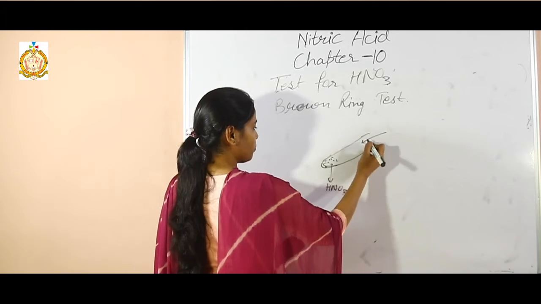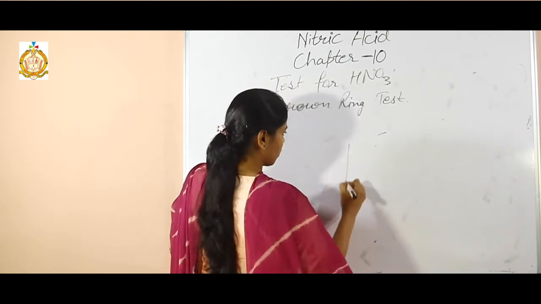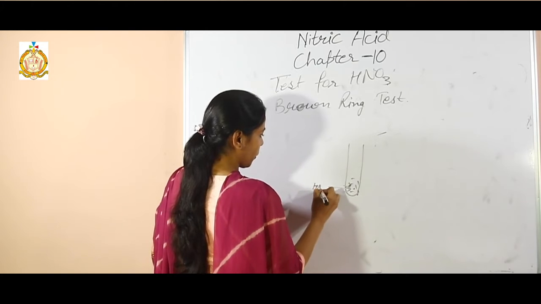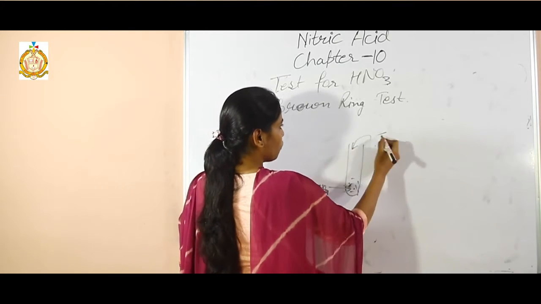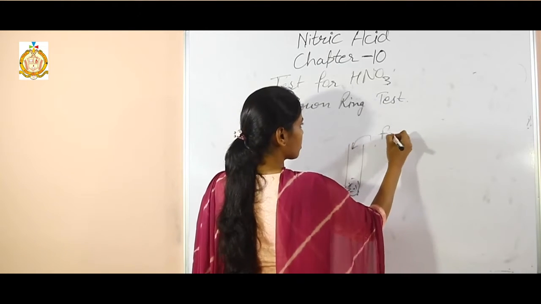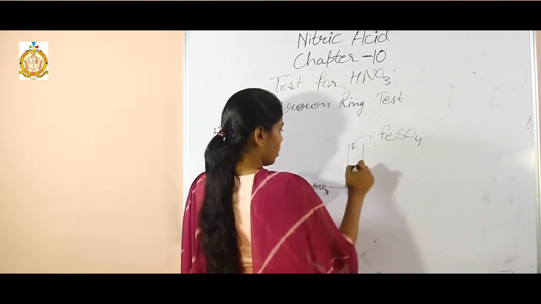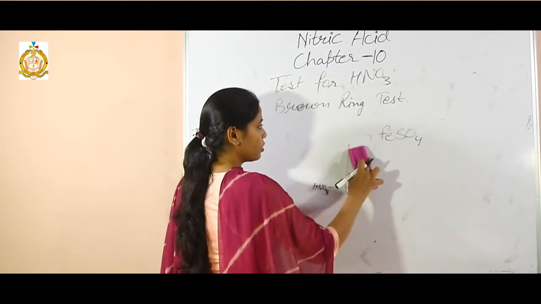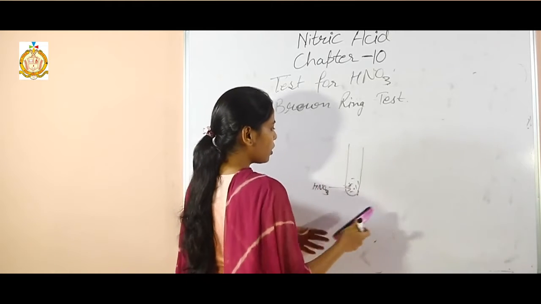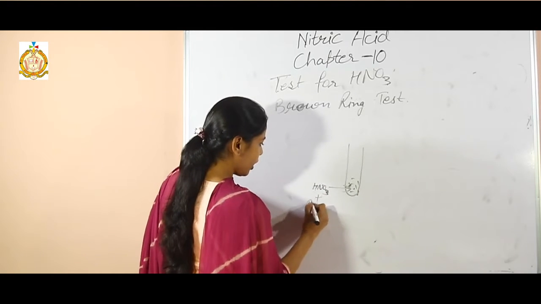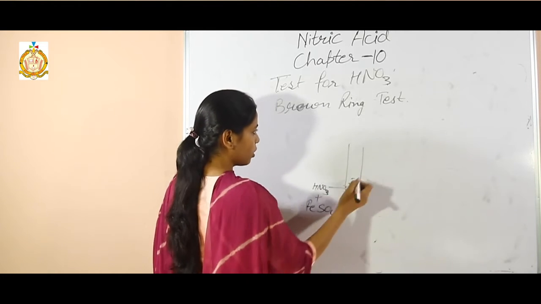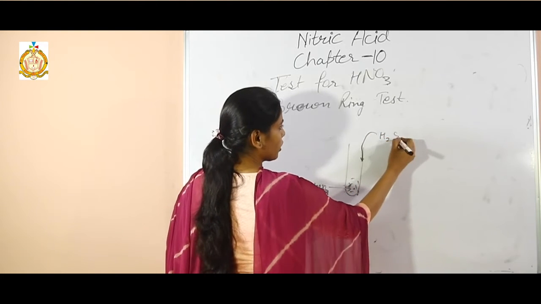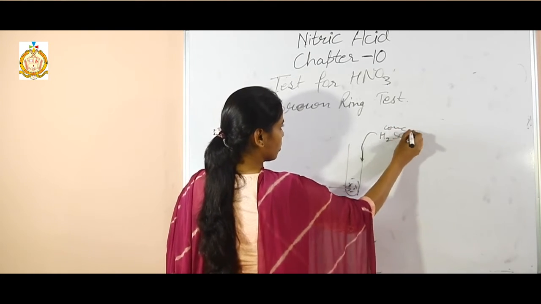Then add freshly prepared ferrous sulfate and mix the solution by stirring it. And then the third thing is, now this is HNO3 and FeSO4 together. Now on the side pour concentrated sulfuric acid.